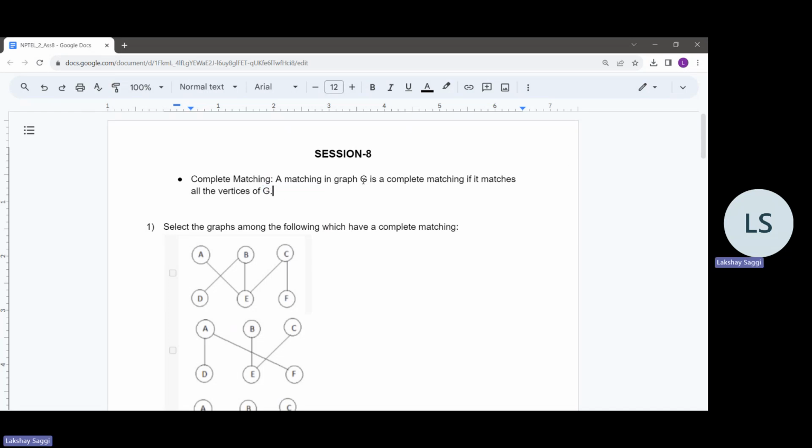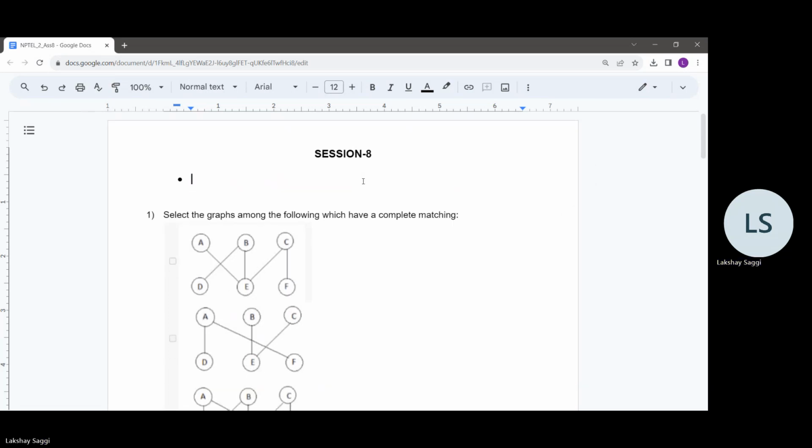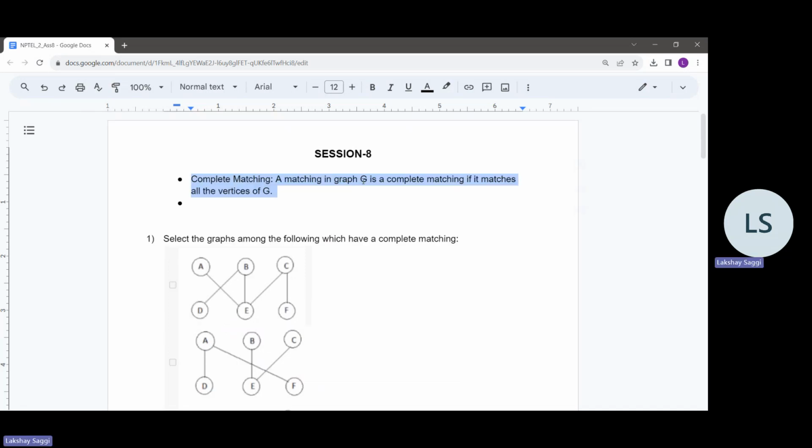So what's a matching? Maybe I should tell you what a matching is also. A matching is nothing but a subset of edges of graph G such that no two edges share a common vertex.